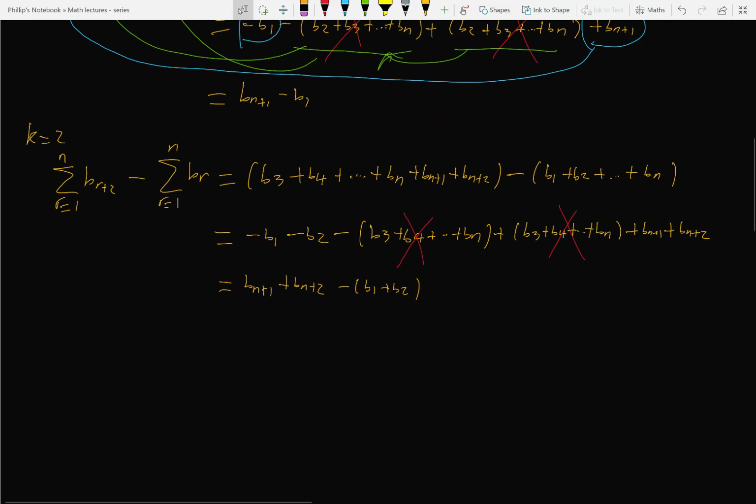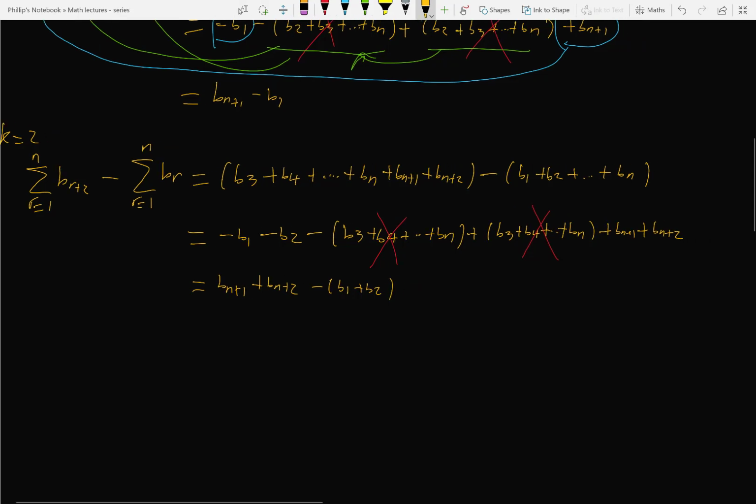So another way to look at this will be as follows. Let's have a look when k equals k, because why not, right?